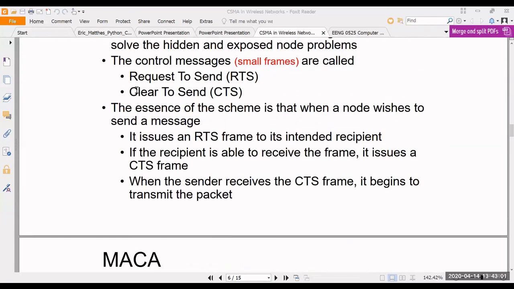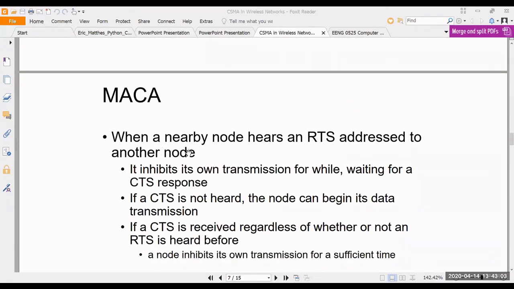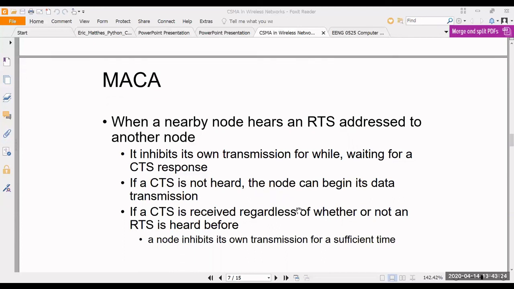This one is just for reading, so let's just read it. When a nearby node hears an RTS addressed to another node, it inhibits its own transmission for a while, waiting for a clear to send response, right? Assuming a clear to send response is not heard, the node can begin its data transmission again.